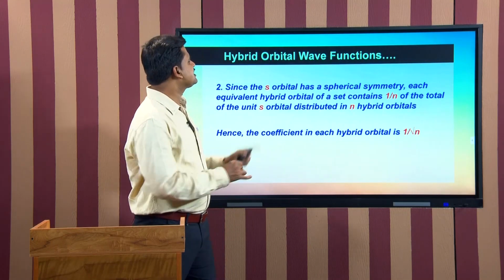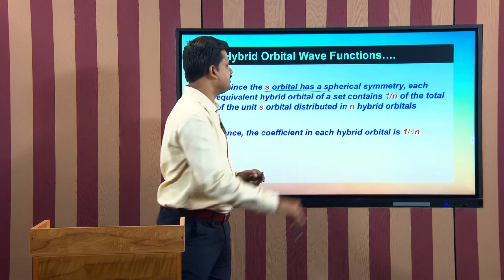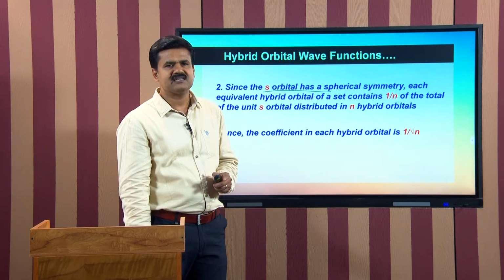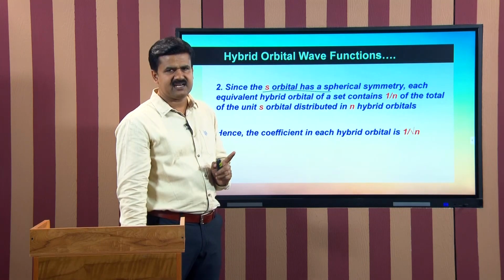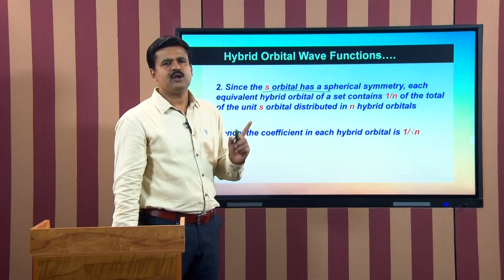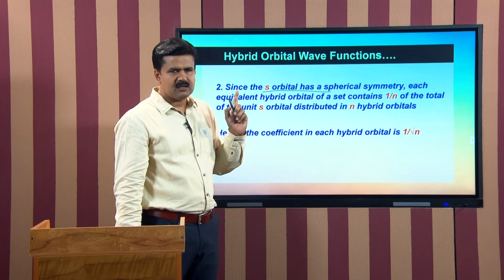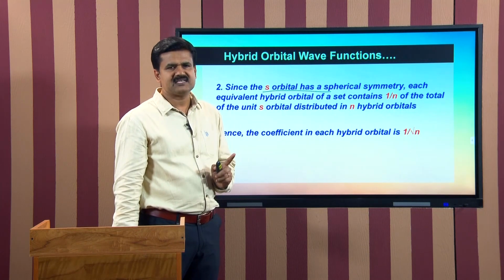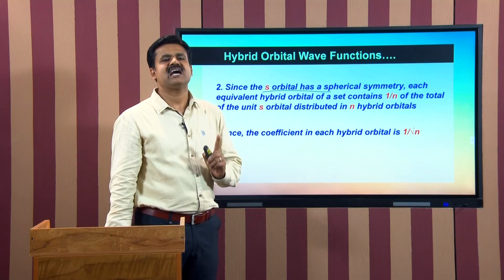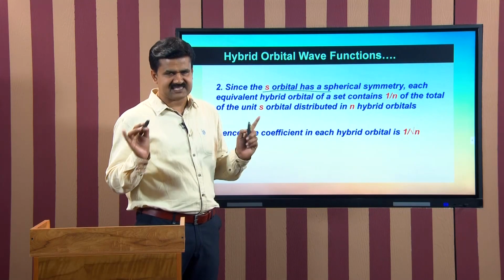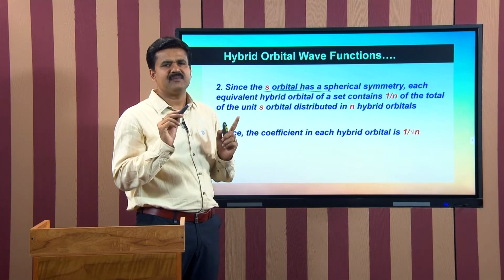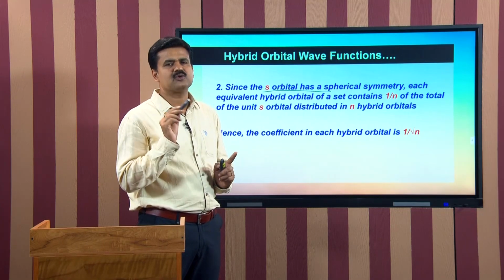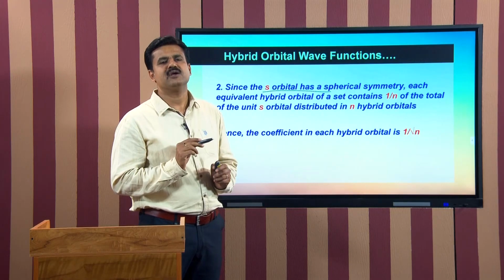Since the s orbital has a spherical symmetry, it should be noted that equivalent hybrid orbitals of a set contain 1 by n of the total of the unit s orbital distributed in n hybrid orbitals. Simply say that the coefficient of each hybrid orbital for s orbital is 1 by root n.